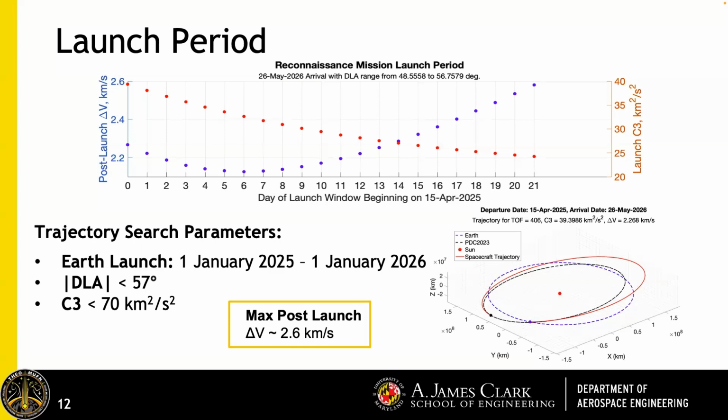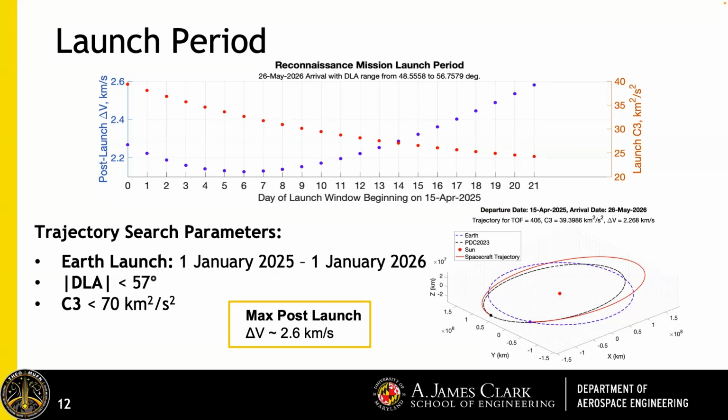So our delta V, the change in velocity that we need to rendezvous with the asteroid, is very small, about 2.6 kilometers per second. In the grand scheme of things that's small, although it's still quite a large number when you compare it to other missions.